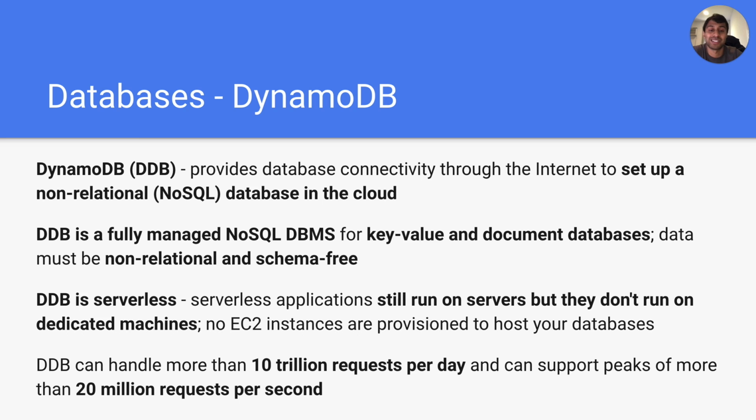DynamoDB, otherwise known as DDB, provides database connectivity through the internet to set up a non-relational database in the cloud. So RDS is for relational, Dynamo is getting now into the non-relational database management world. DDB is a fully managed NoSQL database management service for key value and document databases specifically. Data must be non-relational and schema agnostic.